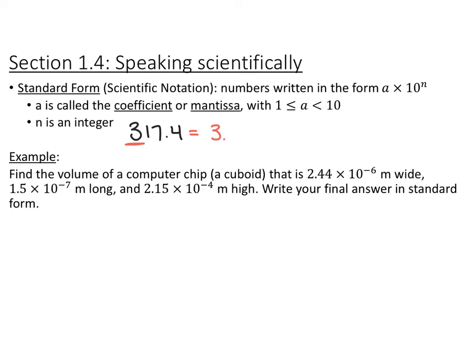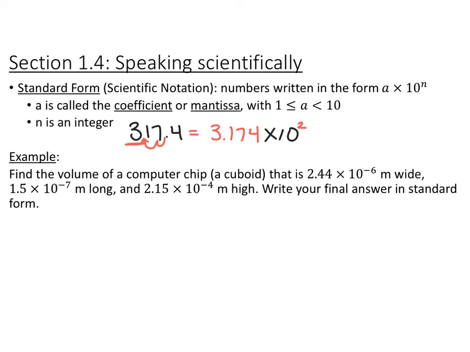So it'd be 3.174, and then it's times 10, and then how far did we move it over? We moved the decimal place over 2 places, and we're making it bigger, so we want it to be a positive 2. So it's 3.174 times 10 to the second power, because if you write this not in scientific notation or not in standard form, you'd be making this bigger.